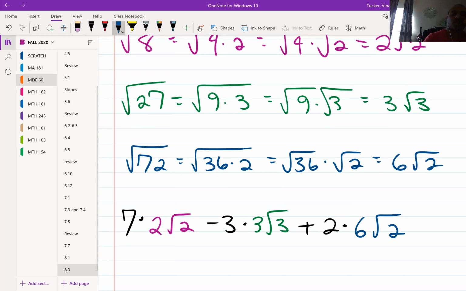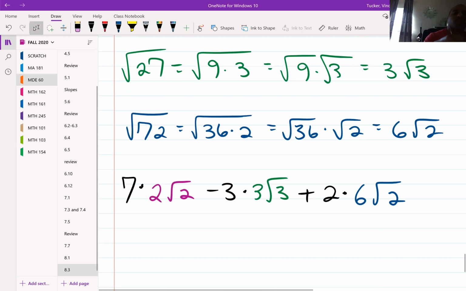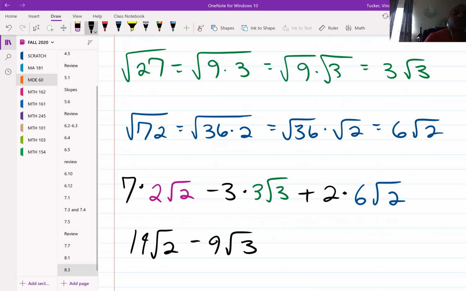So 7 times 2 is 14. Minus 9 square root of 3 plus 12 square root of 2.